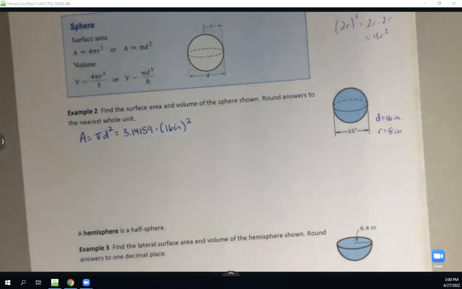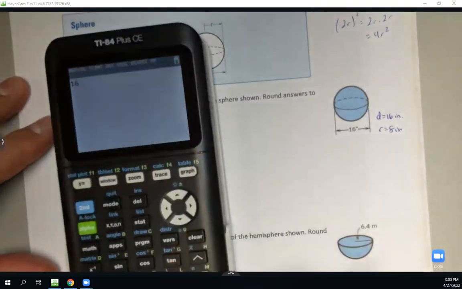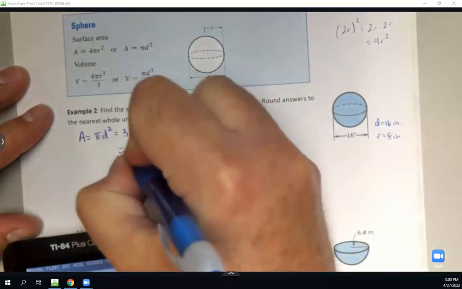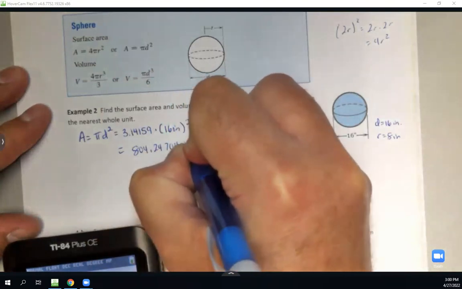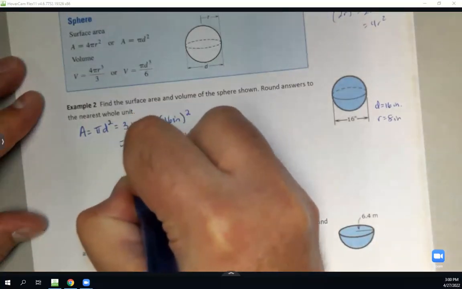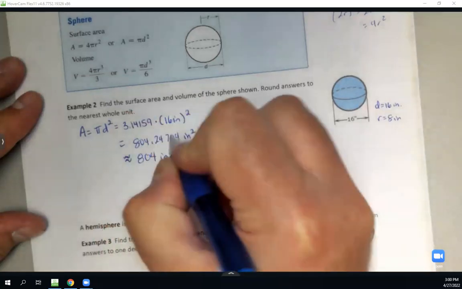So we're going to get square inches, which is what we would expect for an area. Now 16 times 16 is 256. And so if I take that times 3.14159, that is 804.24704 square inches. Or if I round that to the nearest whole unit, that would be about 804 square inches.